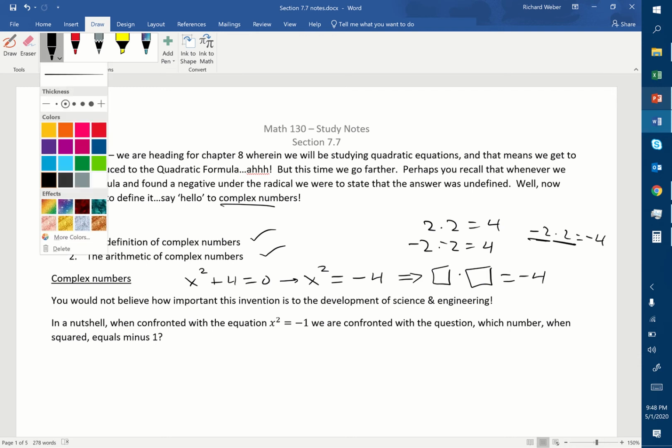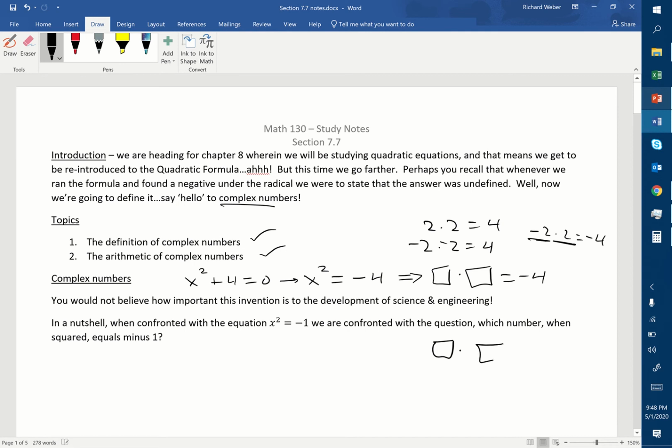In fact, why don't we just try to find something times something that is just negative 1? What is that? Here comes the invention. You ready? How about we just say I, as an imaginary number, times I, imaginary number, that is to say, I squared equals negative 1.